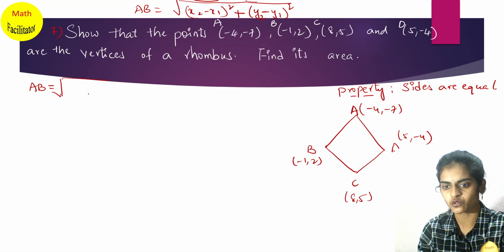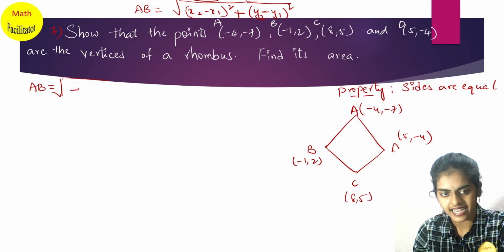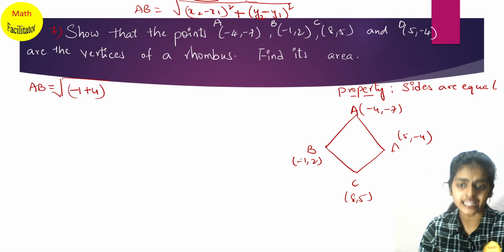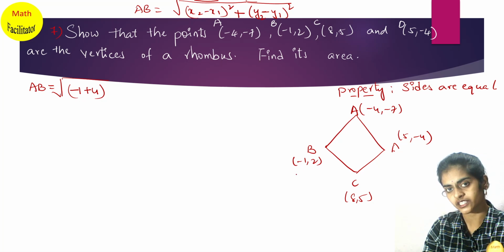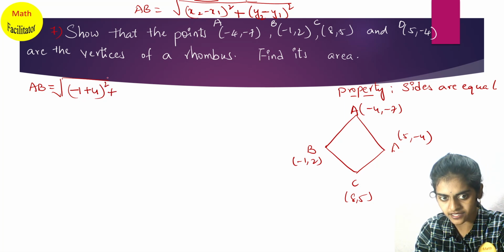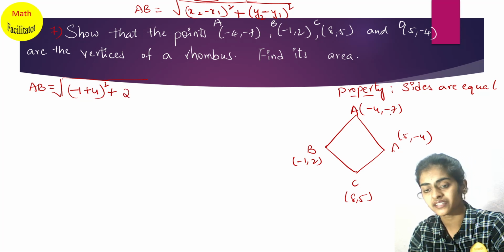So this is equal to root over, let us take these 2 points, A, B. I'm just taking this point as x1, y1 and this as x2, y2. So x2 minus x1, x2 is -1, x1 is -4. So -1 minus of -4 gives you -1 plus 4 whole square, plus y2 minus y1, y2 is 2 and y1 is -7.